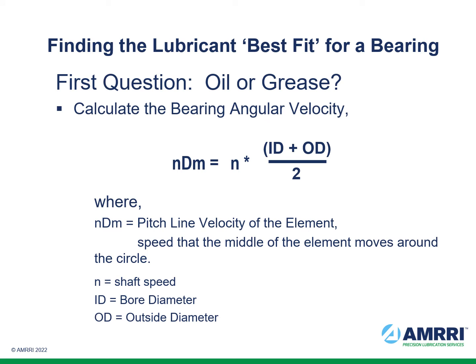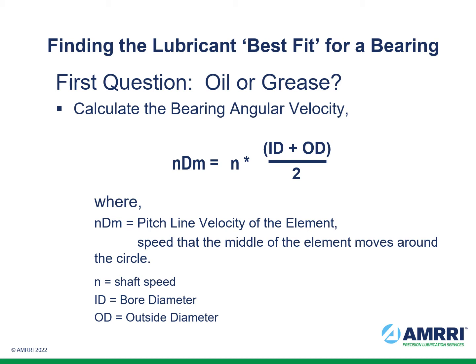So when making this product selection decision, our first chore is to determine whether or not this bearing is moving at a speed where grease can be an acceptable option. The bearing manufacturers give us a target range, a speed limit value, if you will, for the use of grease. The bearing manufacturers would have us calculate the NDM value: N, shaft speed, times DM, bearing median diameter.